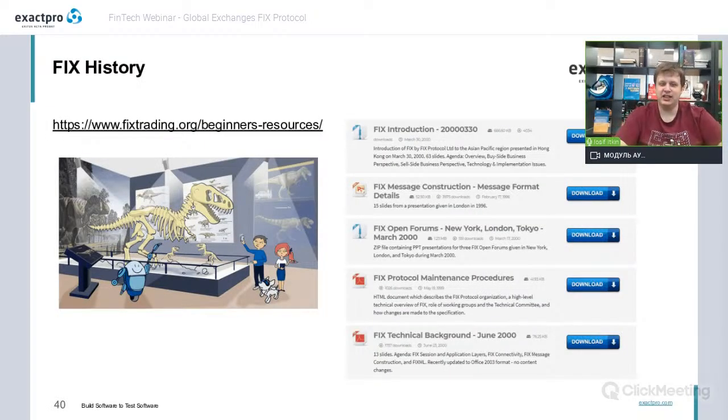On fixtrading.org, there are many interesting materials, especially in a section called Beginners Resources. There are some documents, like a PowerPoint from 1996. Unfortunately, my Microsoft PowerPoint was not able to open this document.